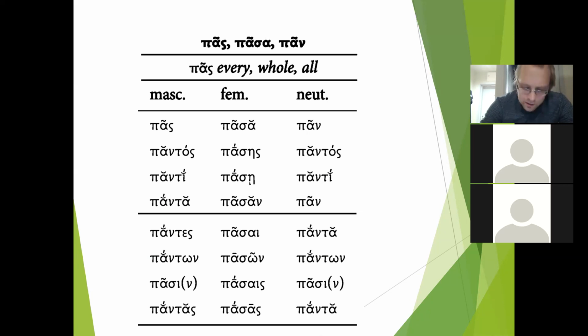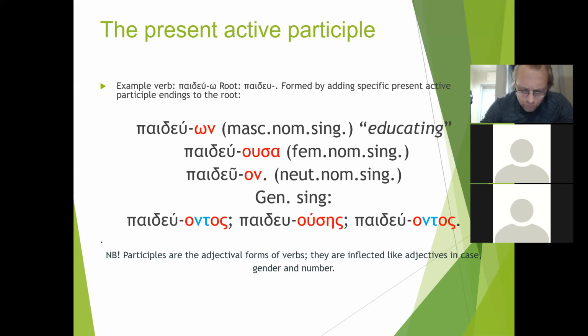Okay, but let's move on to the next topic then, which is an overview of the forms participles take in the present and future active and medium passive. Let's begin with the forms in the present active voice.